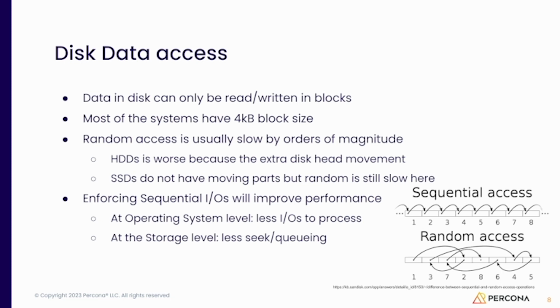What matters for us are sequential and random access. As the name implies, sequential access gets one byte or one piece of information after another. Random access doesn't keep the information close together. So it goes, for example, to the information at address 1, then to 5, then to 3, to 2, to 8.